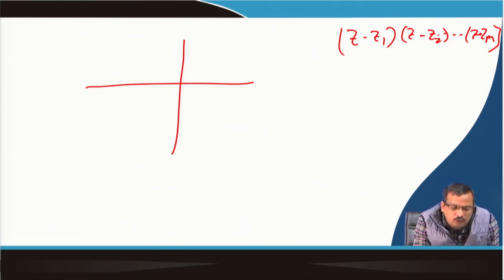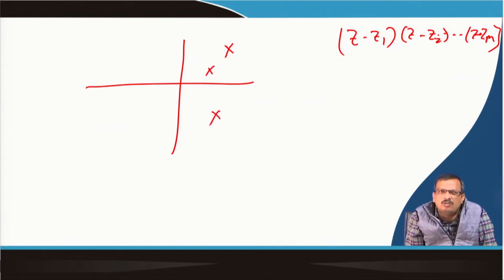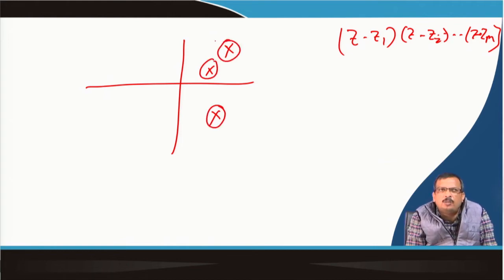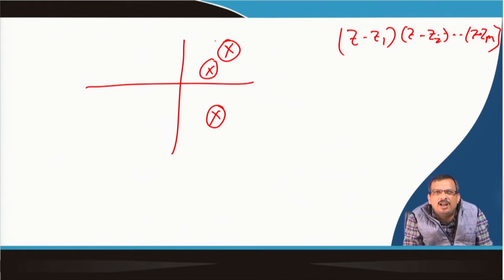Let us locate those zeros by a cross. Let us say z1 is here, so this is a zero. Let us say z2 is here, so this is a zero. Let us say z3 is here, maybe negative, I do not know. Those are the zero positions of the transfer function in the entire z plane.